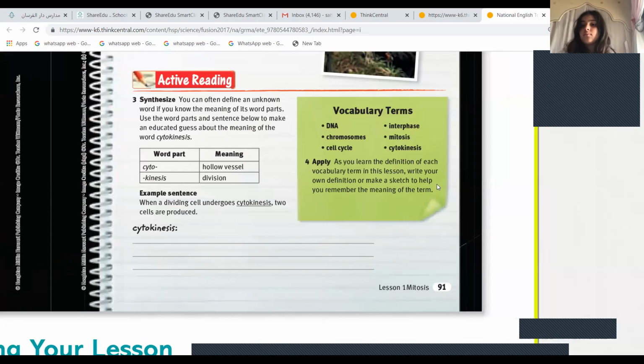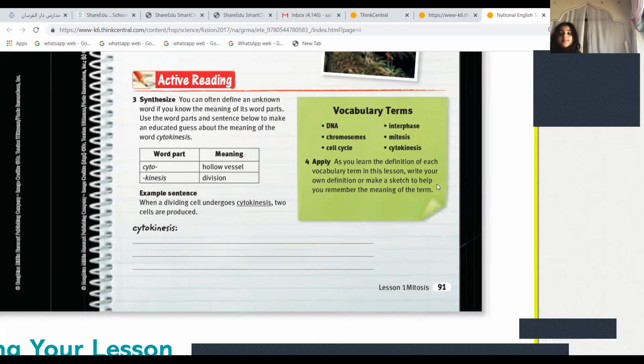Malak, please read the vocabulary terms faster. DNA, chromosome. What is the full form of DNA? Who will try to tell me? Yes, Mateen, can you try? Miss, what is the question?